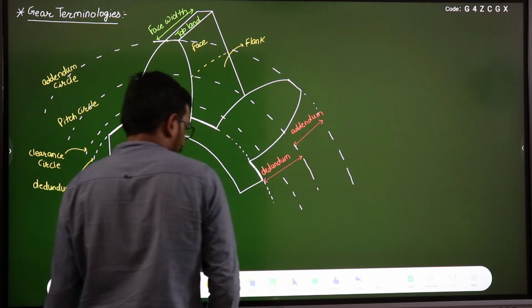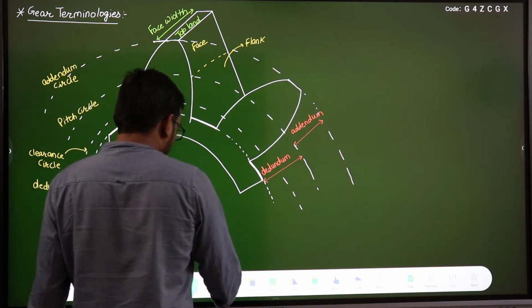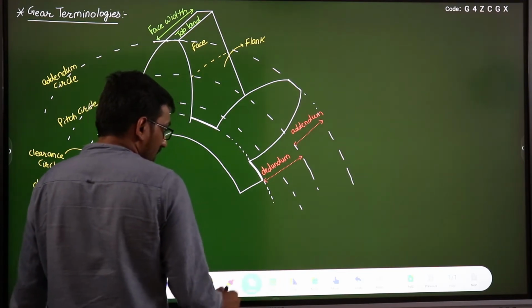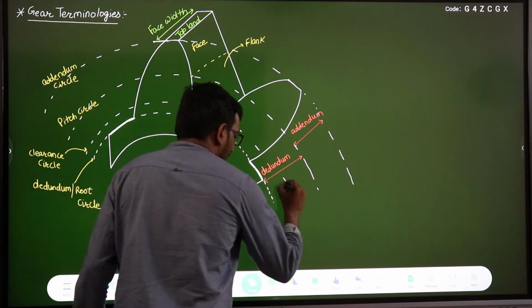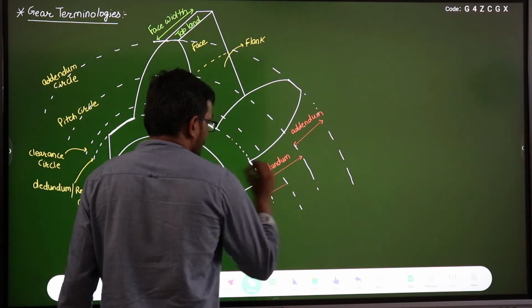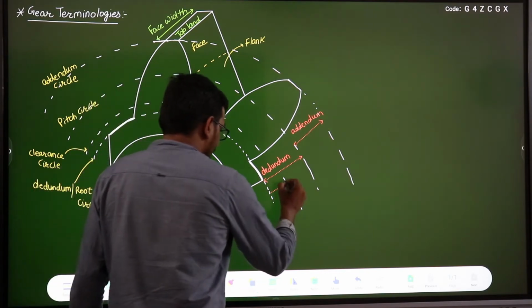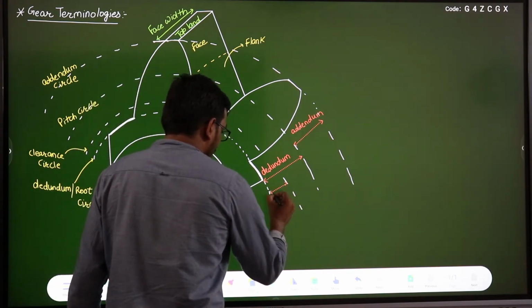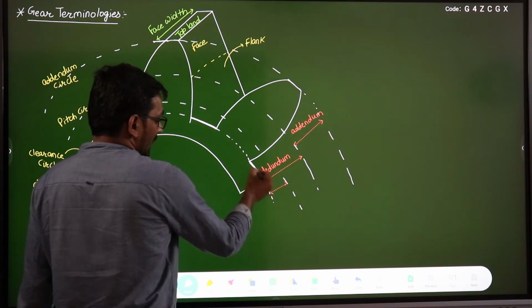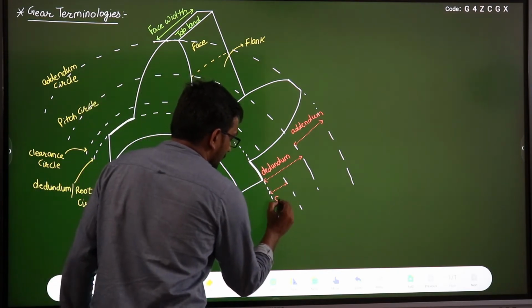Now, the distance between the dedendum circle and the clearance circle is known as clearance.